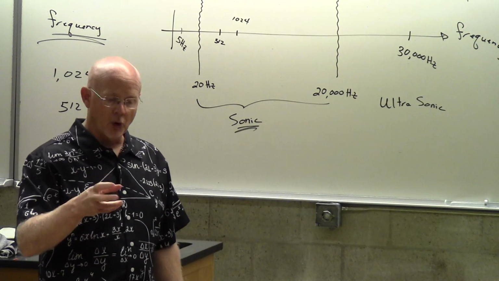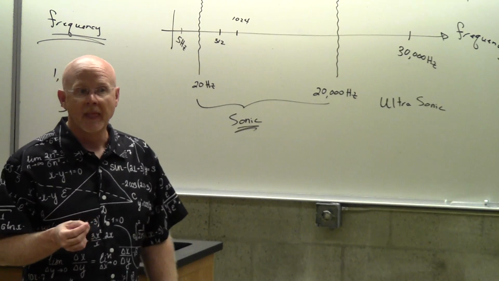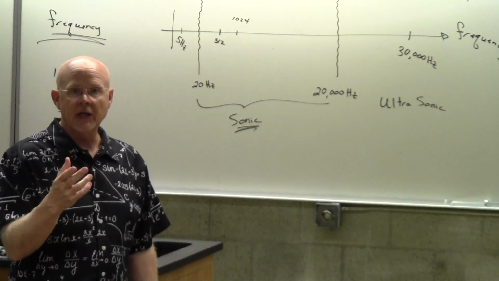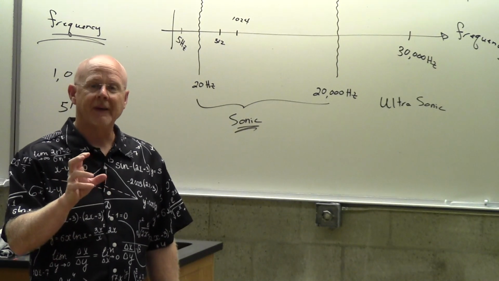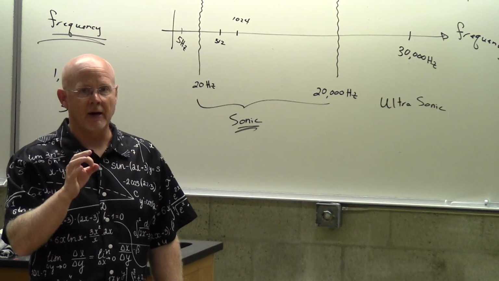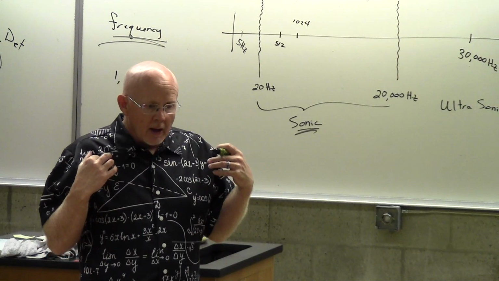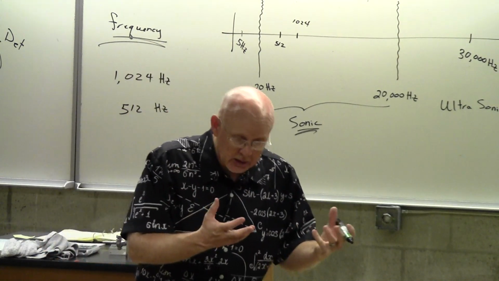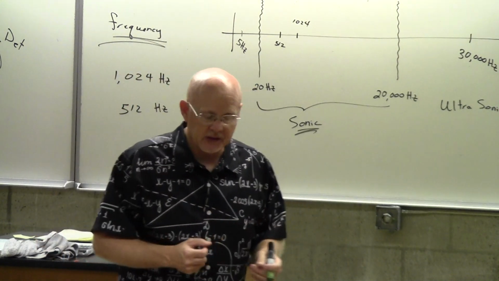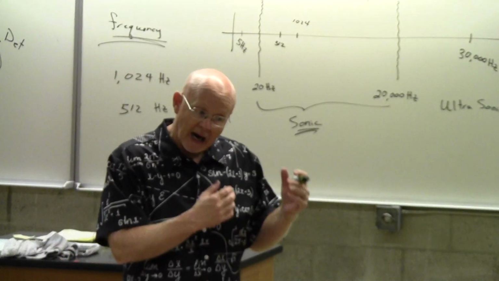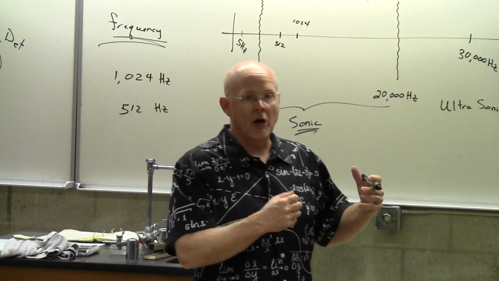Maybe you're familiar with the word ultraviolet. When we get to light, you will see that we call it violet because that is our human brain telling us that the frequency is a high frequency. And there are frequencies higher than the violet, so we call it ultraviolet.